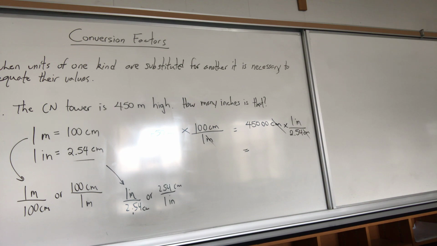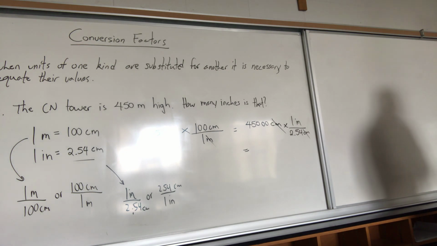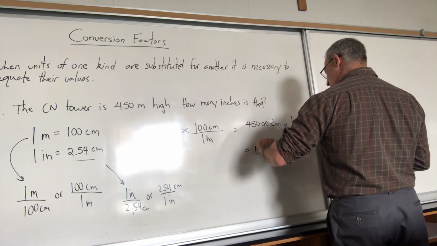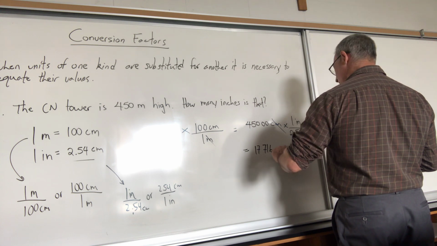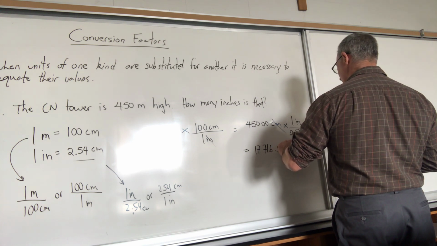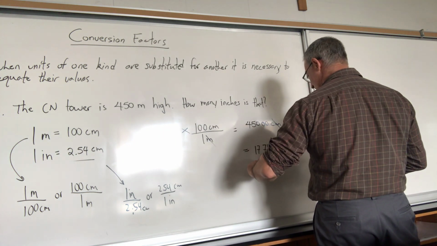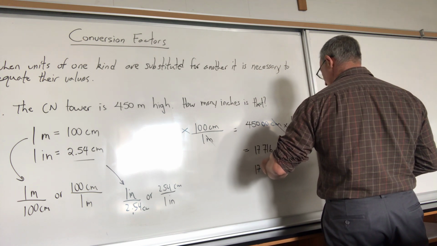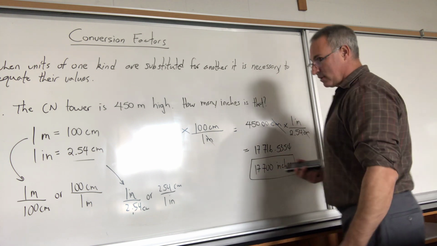So 45,000 divided by 2.54 gives you 17,716.5354. Obviously, you're not going to write that many digits. You only have 3 significant figures in the original, so you're going to say 17,700 inches is the height of the CN Tower. Okay?